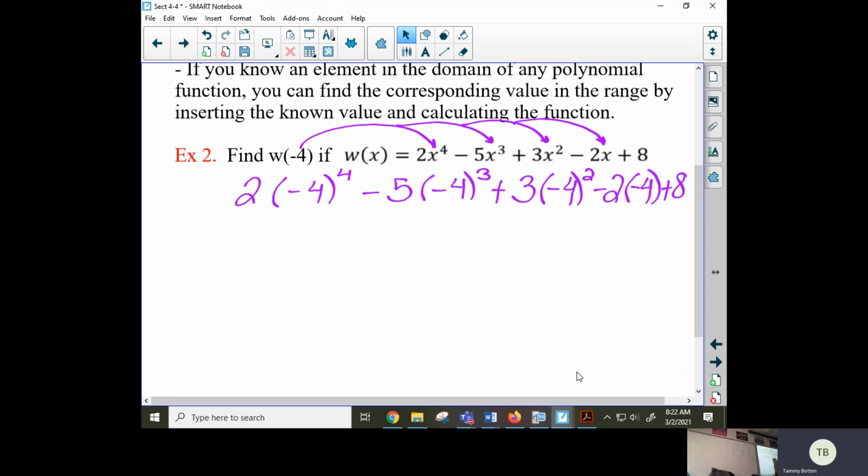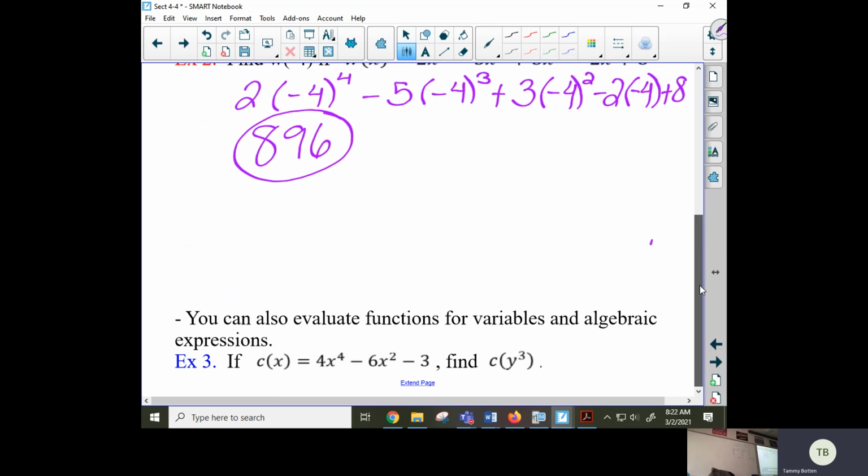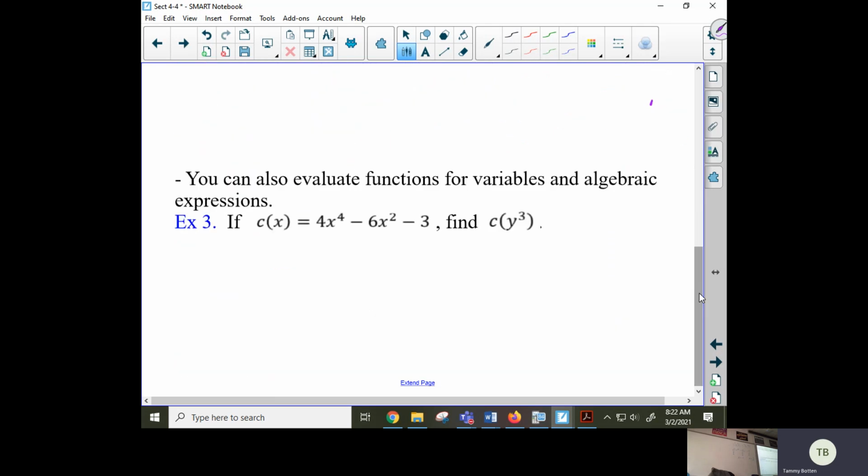They do get a little bit harder because you don't always just put in numbers. And there's one problem today that we're gonna do that's quite long. So if we looked at this one, what you would do is put this variable in for x.